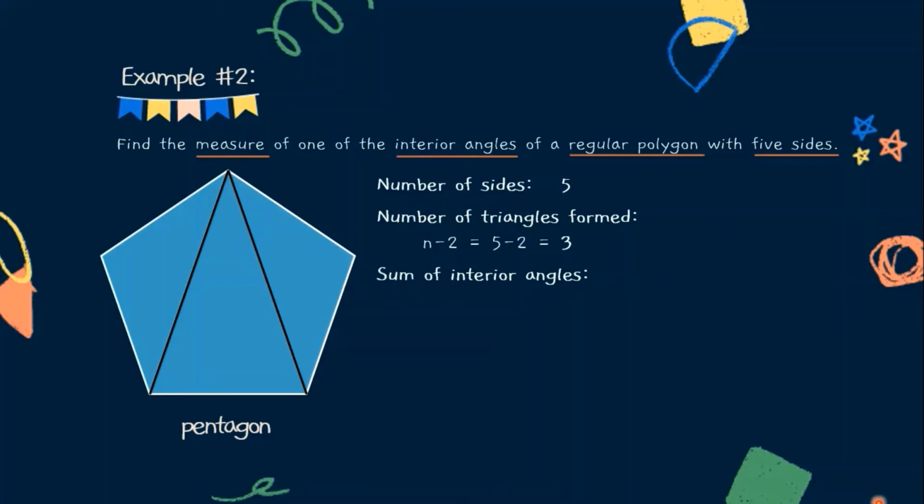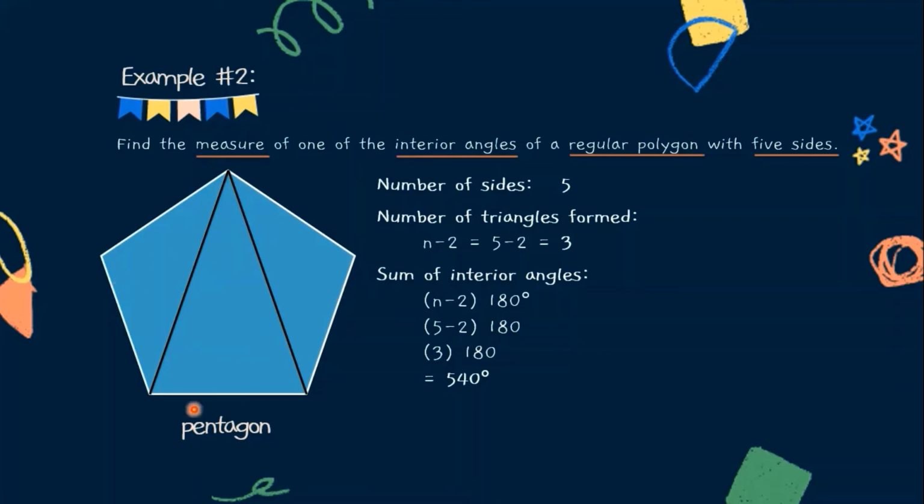Sum of interior angles natin, para makuha naman natin, kailangan nating sundin yung ating formula, which is the difference of n-2 multiplied to 180 degrees, substituting n with 5, ito yung ating number of sides, 3 multiplied to 180 degrees is equal to 540 degrees. So, yung kabuuan ng mga angles nitong pentagon na to ay 540 degrees.